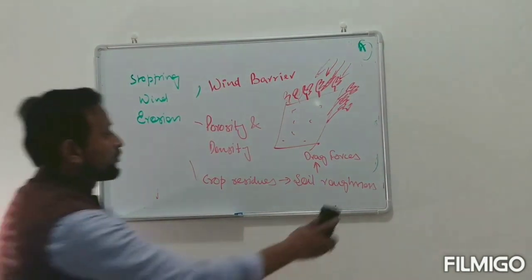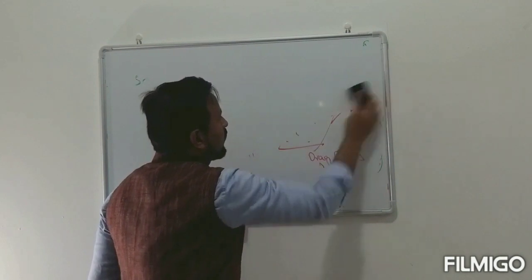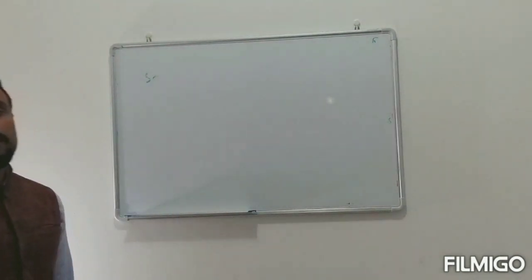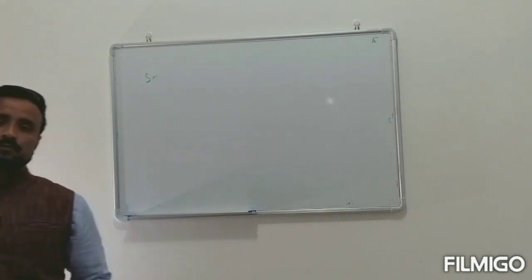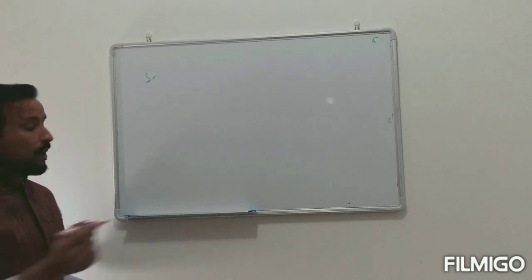So after this, we need to understand one more thing, that is what are the similarities and dissimilarities between wind and water erosion, right? So water erosion, basically it is caused by two factors.